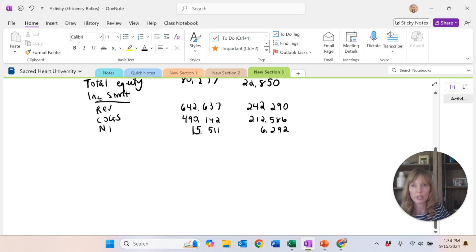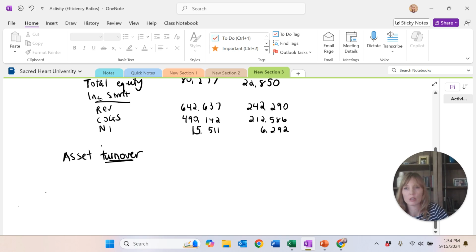The first ratio that we're going to look at is asset turnover. When we say turnover, typically we're talking about how many times something was sold during the accounting period. Because that's what we're turning over, right? We're turning over stuff to get sales.